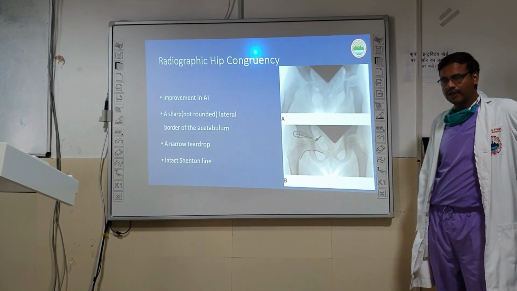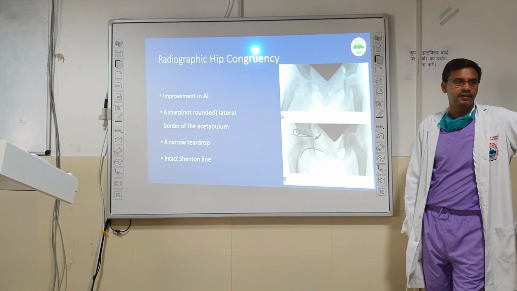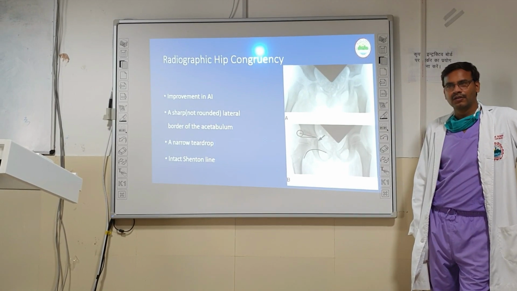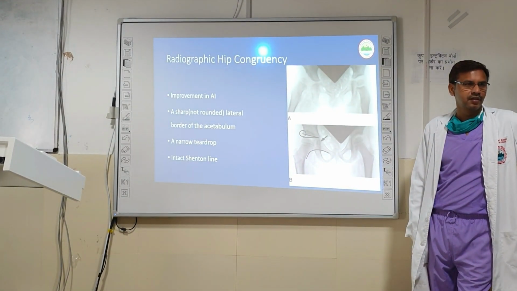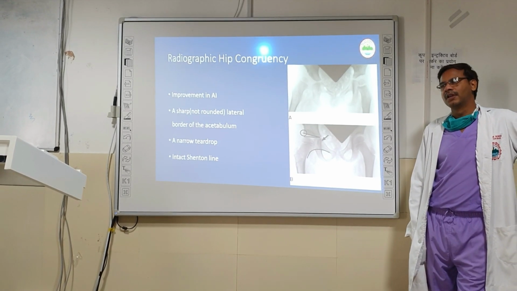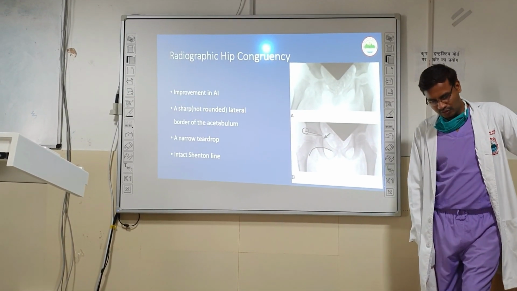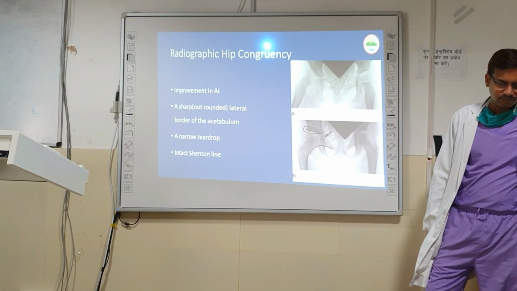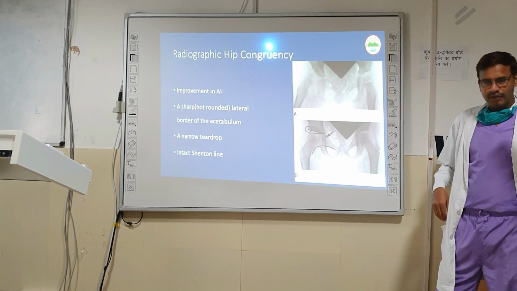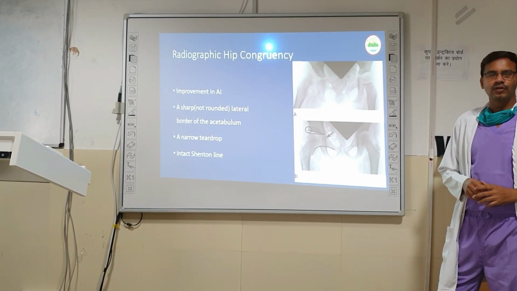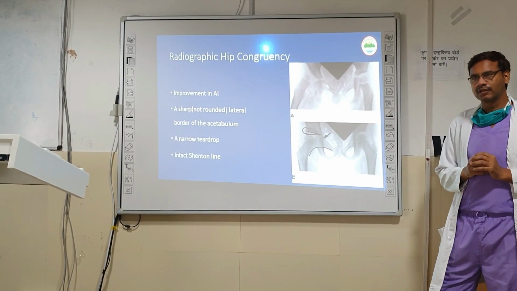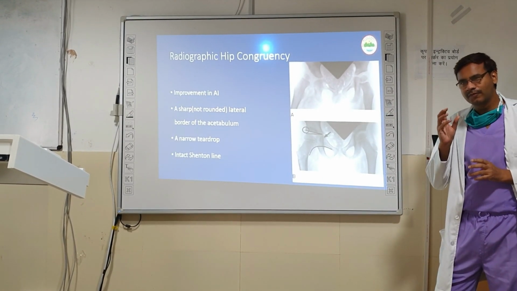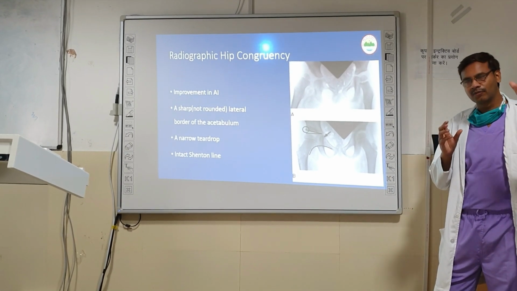So there should be gradual improvement in AI, that is acetabular index. So every 6 monthly, if you measure the AI, it should be improving. Because the acetabulum, which was not getting any influence from the femoral head, both are actually supporting each other. So the growth of the femoral head depends upon the acetabulum.